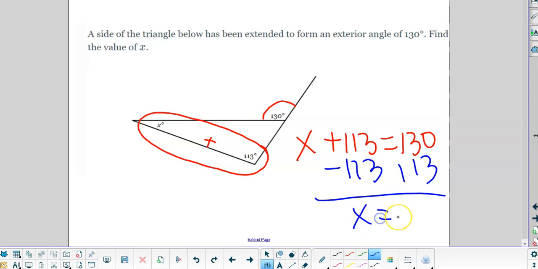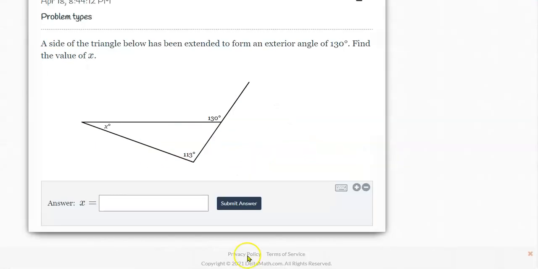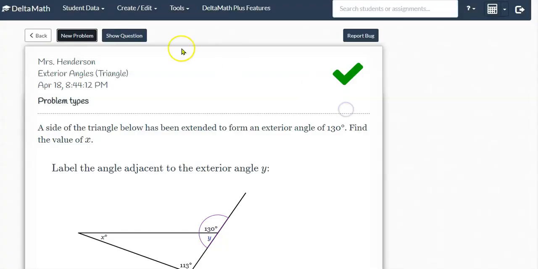So the missing angle measure this time is going to be 17. 130 minus 113 is 17. And that's because the exterior angle is equal to the sum, the adding up, of the two inside angles that it doesn't touch.